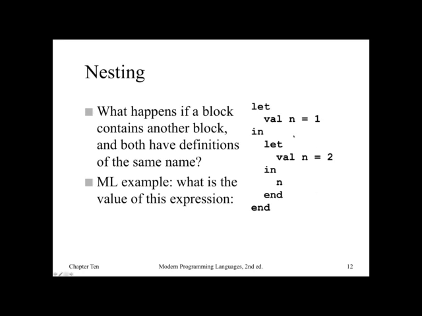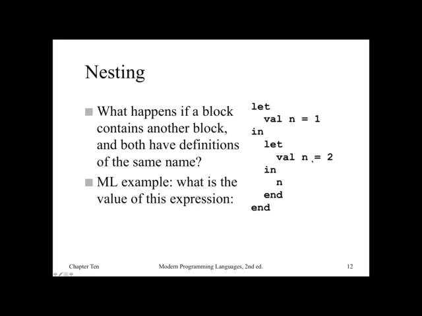where, let's go back to ML now. I've got the let. I declare a value called n, and then I have the in. Then I've got another let. So the local scope prevails, okay? Hope that makes sense. The local scope, the smallest scope. So when I'm down here on this n, then this is my only scope right here.